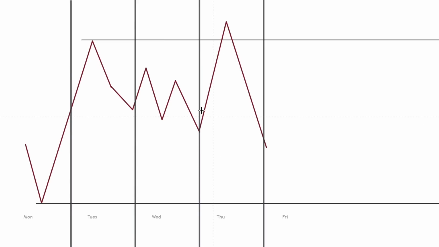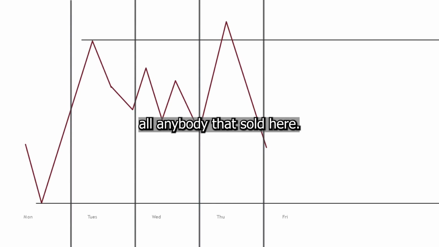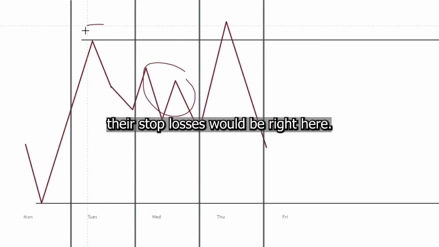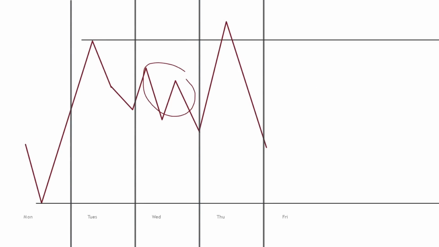The clue is that price took out anybody that sold here. Anybody that sold on Wednesday, their stop losses would be right here. Not only that, you have all your breakout traders thinking the macro trend has changed and price will be bullish now, and they want to catch an early reversal as far as change of character goes. They've been trapped right here.